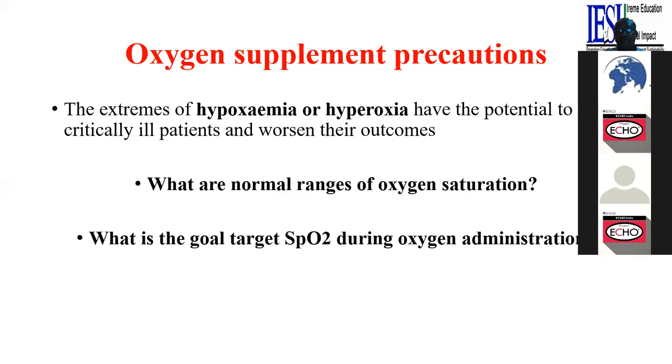And remember our target of normal arterial pressure of oxygen was between 60 to 80. And of course, the goal of supplemental oxygen, as we said, is to get SpO2 above 90%. So then continue, please. Next.